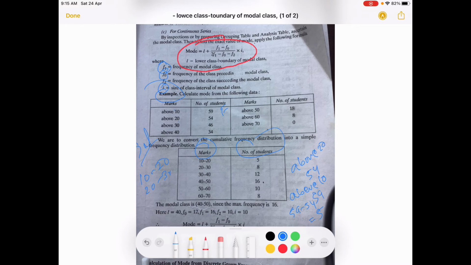The 10 to 20 students चाहिँ 5 मात्रै रहेछ. Okay, have you understood this?